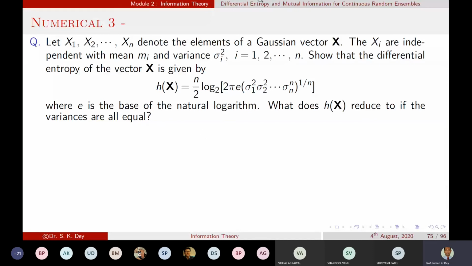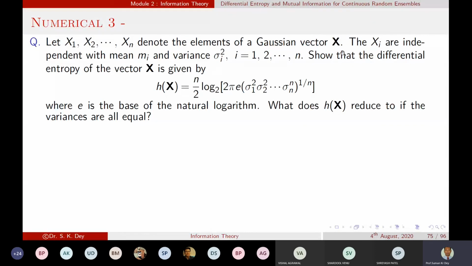Basically, a random Gaussian vector x is given, with elements x1, x2 up to xn. All the elements are independent, with mean mi and variance bi squared.